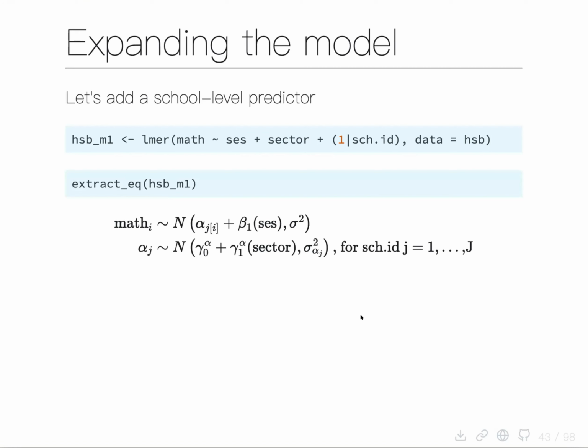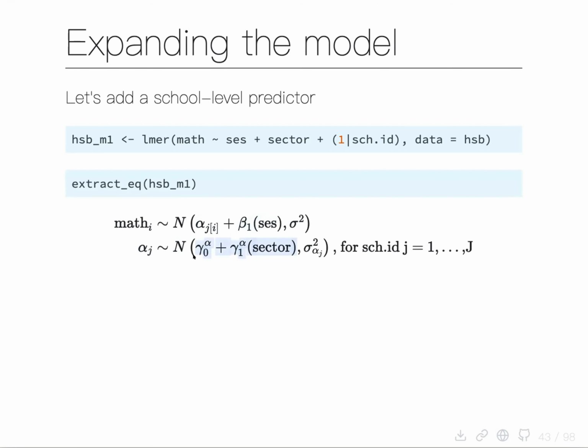If we wanted to see what this model looked like, again, we can use extract_eq and it will just work like this. So now we have math_i is assumed generated from a normal distribution with alpha_j[i]. So alpha is going to randomly vary across some level, and because there's only j, it's only one level that it's going to be randomly varying across. And then we've got SES as a student level predictor, and then some variance. And then alpha_j, our intercepts, are assumed generated from a normal distribution, which itself has its own mean structure.